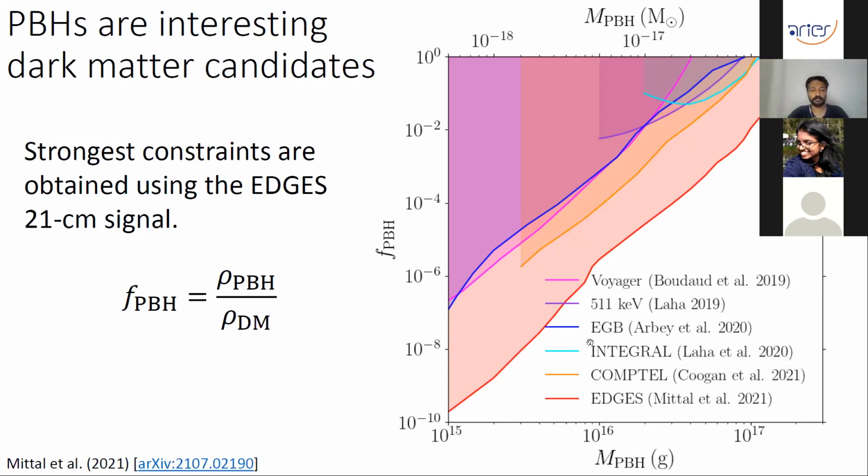But using the HERA 21 centimeter signal in my previous work, I had put constraints, and I had found that the constraints are significantly stronger as compared to other constraints, in the sense that the shaded region shows the ruled out values of f_PBH. As you can clearly see, the bottom line, that is the red solid line, is the constraint from our work, and it rules out all other previous values.